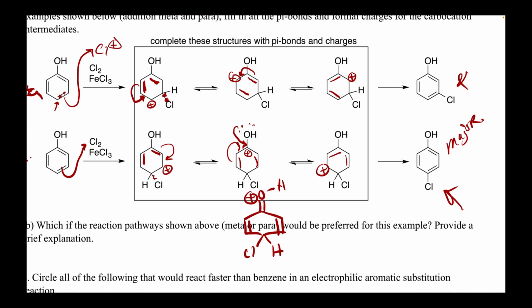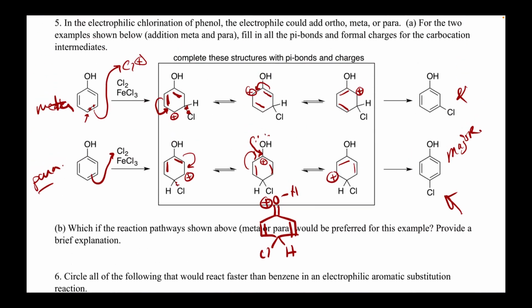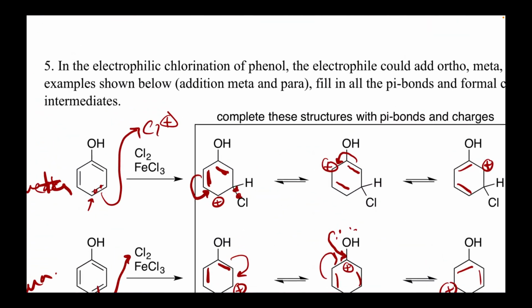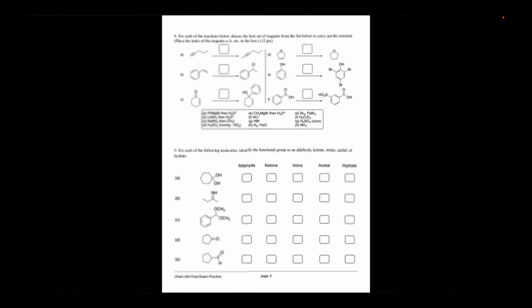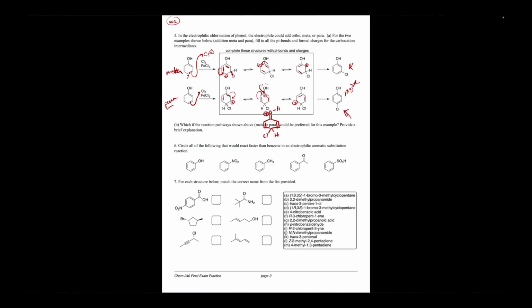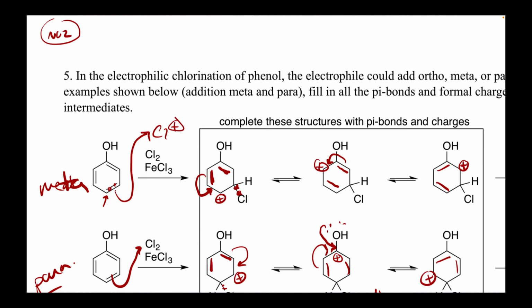Chlorines, Cl+, right? What are the other things we can do with electrophilic substitution? If we wanted to put on an NO2 group, what are the reagents we use? The reaction conditions?